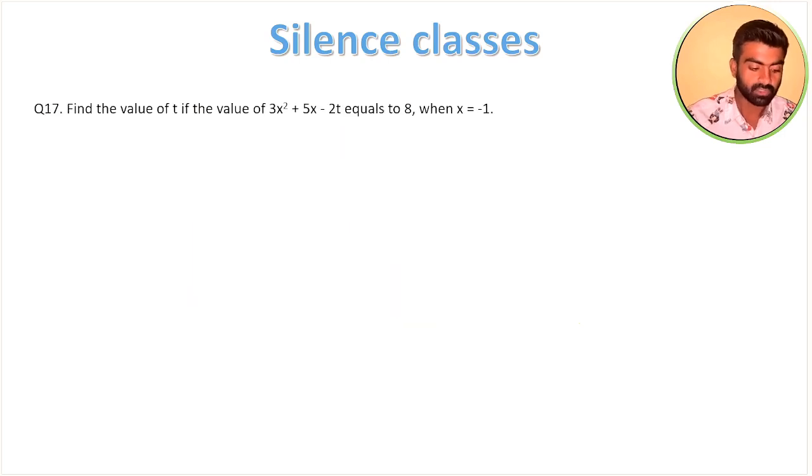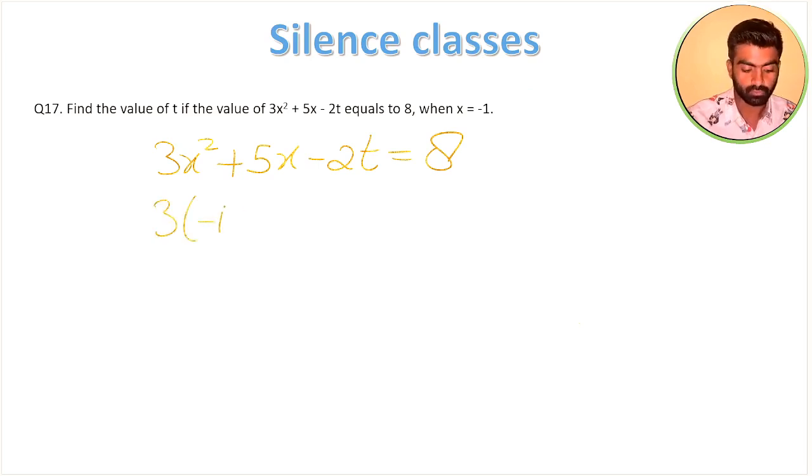Now we have to find the value of t if the value of 3x square plus 5x plus 2t is equal to 8. x is given as -1. So the question is 3x square plus 5x minus 2t equals 8. Now x is equal to -1, so in place of x we will put -1. 3(-1) whole square plus 5(-1) minus 2t equals 8.